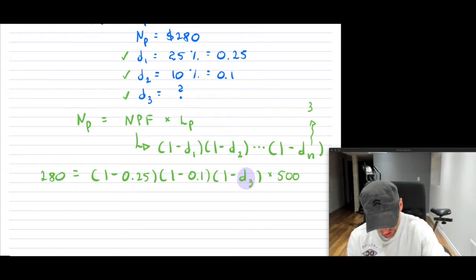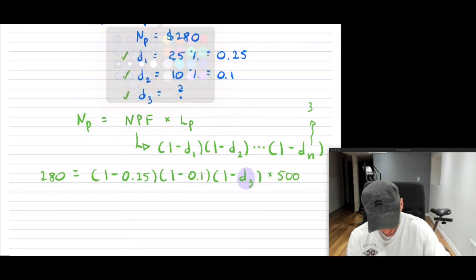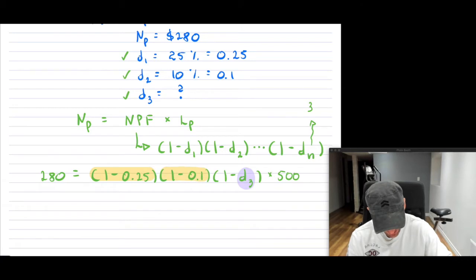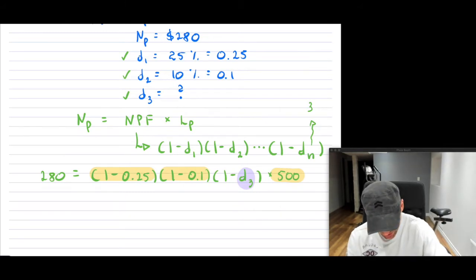First I'm going to simplify everything and switch things around for myself. Notice, I can calculate what this is, and I can calculate what this is. I already know that I'm multiplying here by the 500. So I'm going to simplify this: 0.75 multiplied by 0.9.